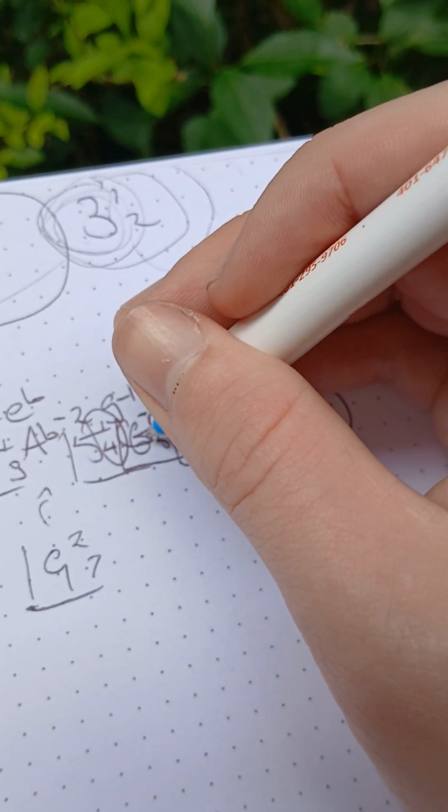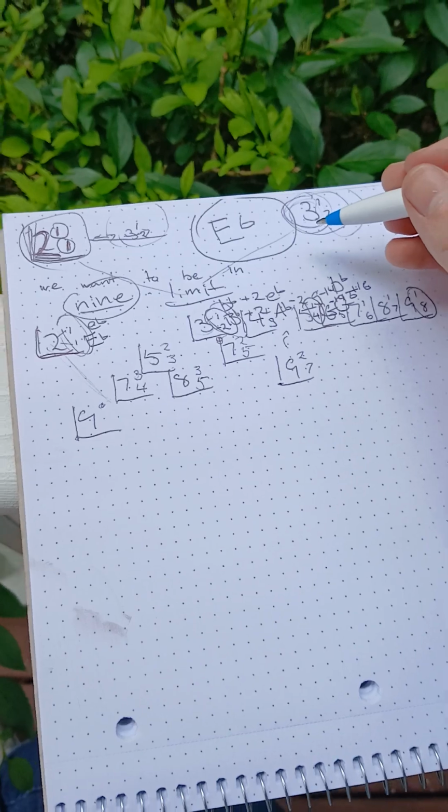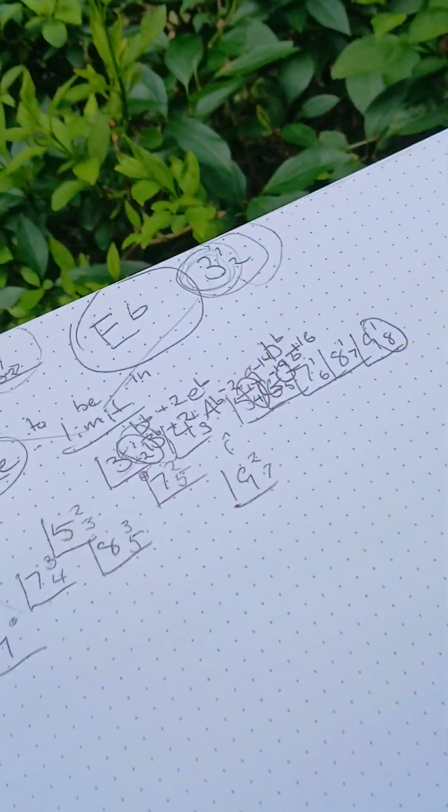So this G flat is plus 16 cents away from E flat because it's a 6/5. That's kind of what we're going for.